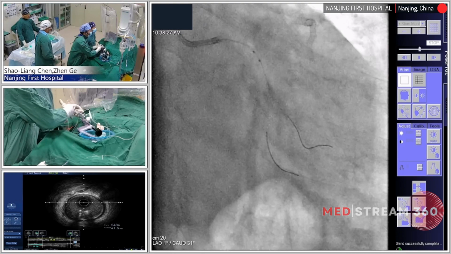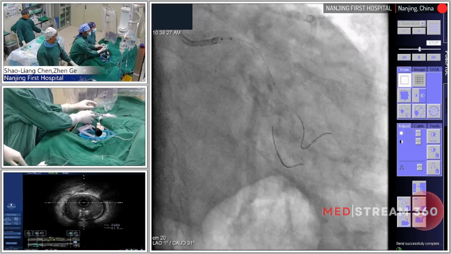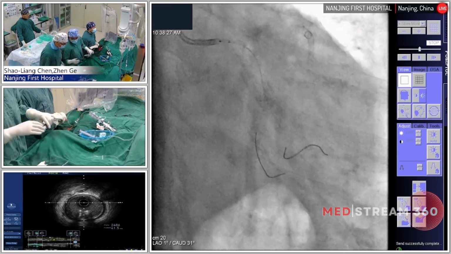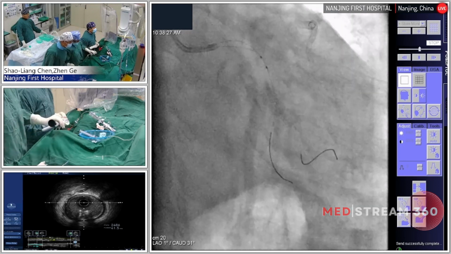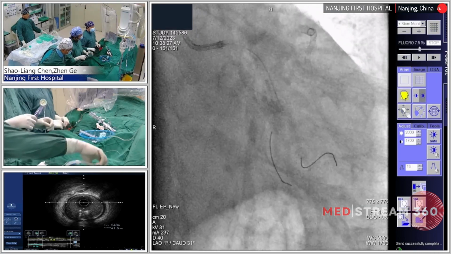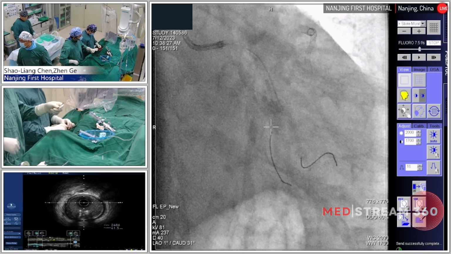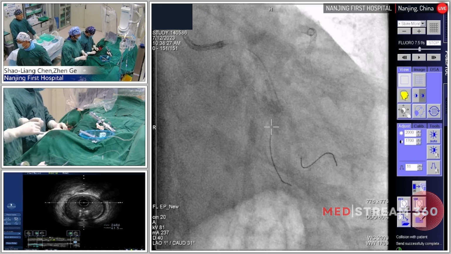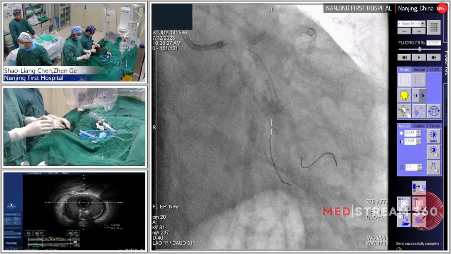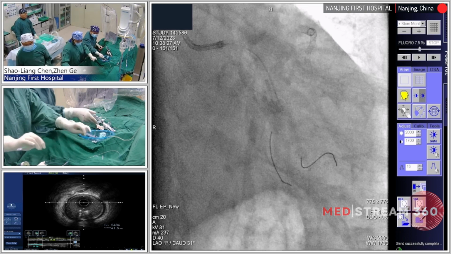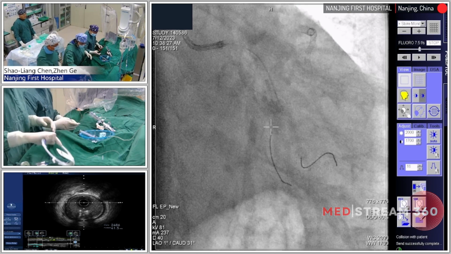They use another non-compliant balloon. This is the 4.0. It's not for 3.5, but because they used it, it cannot cross. I think use a new one.